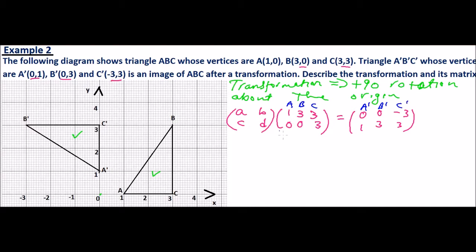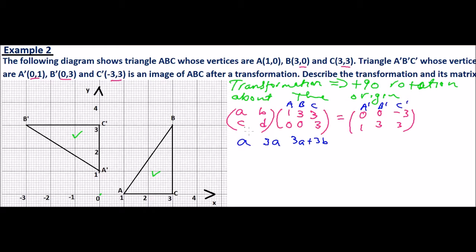A times 1 is A, B times 0 is 0. So here you have A. Then A times 3 is 3A, B times 0 is 0, so that gives us 3A. Then A times 3 gives us 3A plus B times 3 gives us 3B.